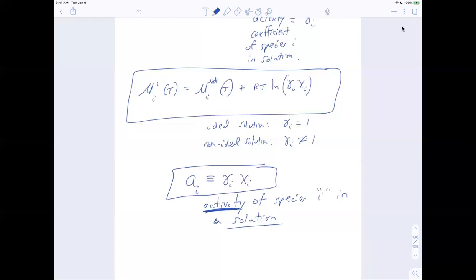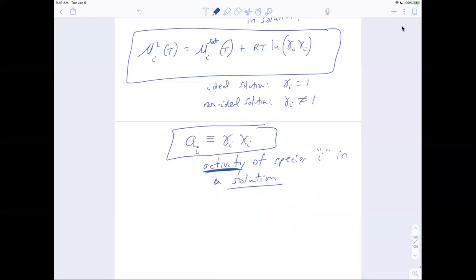What you've been assuming all this time is that gamma I is equal to 1. Whenever you talked about pH, whenever you talked about chemical equilibria, equilibrium constants, what have you up to this point, you have assumed, for a good reason, that gamma I has been 1. Okay, so you've assumed everything to be ideal.